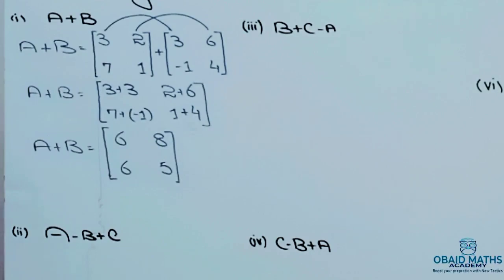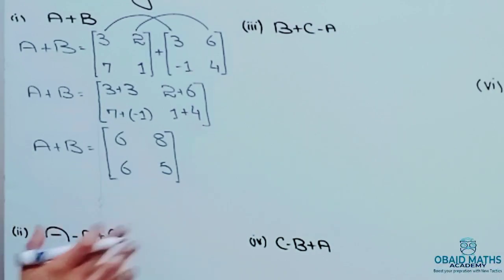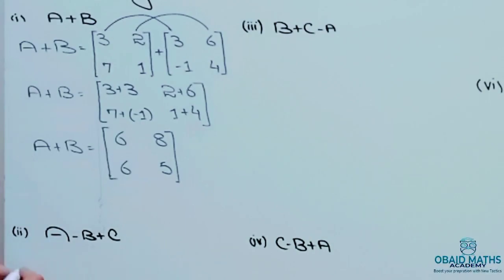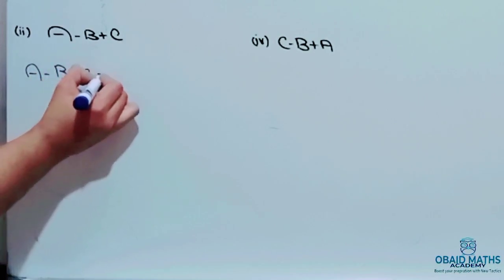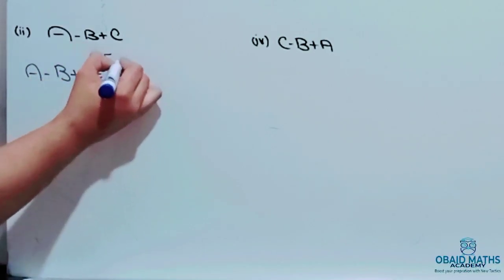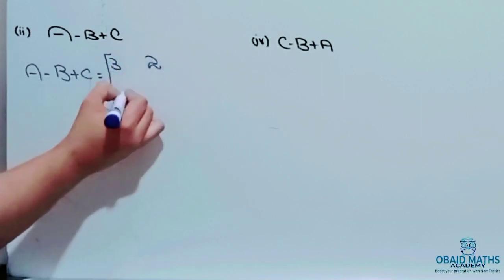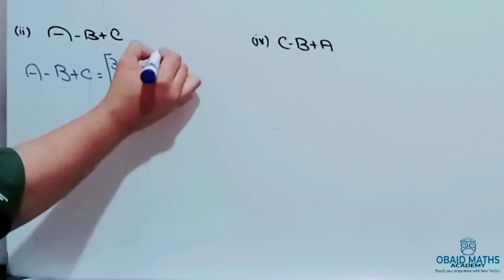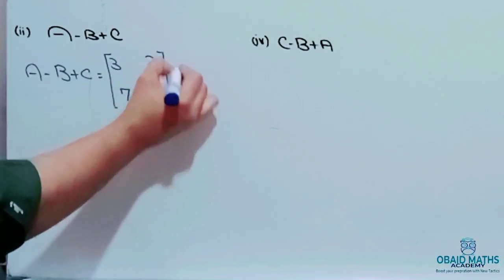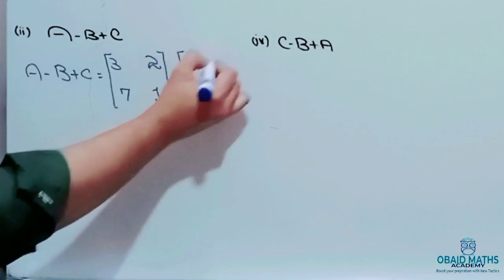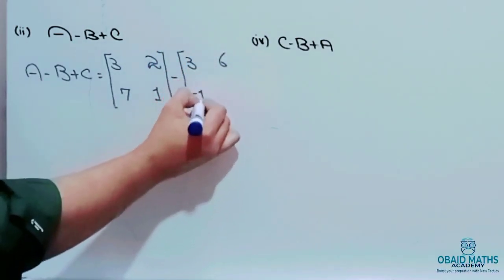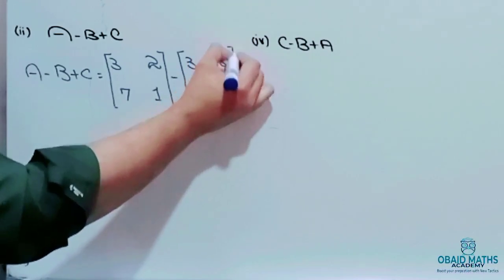Second part, you have three matrices: matrix A, matrix B and matrix C. Make sure when you write the matrices, you keep the same order that is demanded in the part, like A minus B plus C. So first you write matrix A, 3, 2, 7, 1, matrix close, a negative sign, then matrix B, that is 3, 6, minus 1 and 4.